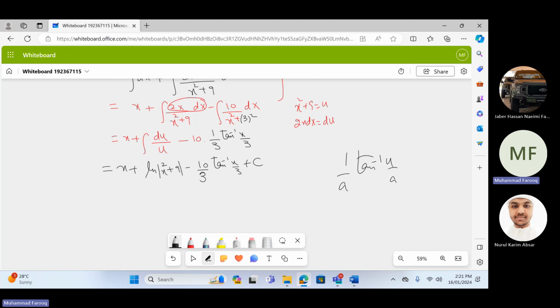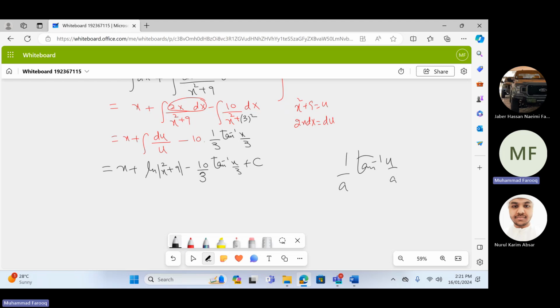When you match the question and the formula sheet in the exam, be careful, because in some formulas only a minus sign changes. For example, in inverse sine it is a squared minus u squared, and in inverse sine hyperbolic it is a squared plus u squared. So only one thing is changed. No doubt, it is confusing, but I'm repeating again and again: be careful when you select the formula. Please select the correct formula. Okay, now? Yes, sir. Good.